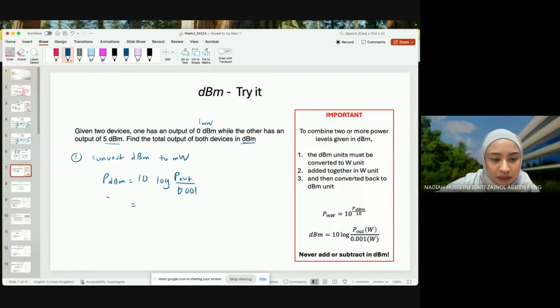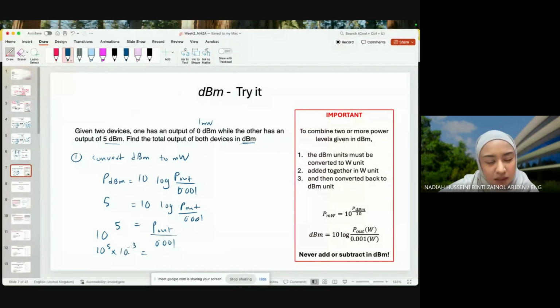So this is 5, this is 10, this is log P out. So I have 5 divided by 10, which is 0.5. 10 to the 0.5 equals P out over 0.001. So 10 to the 0.5 times 10 to the minus 3.